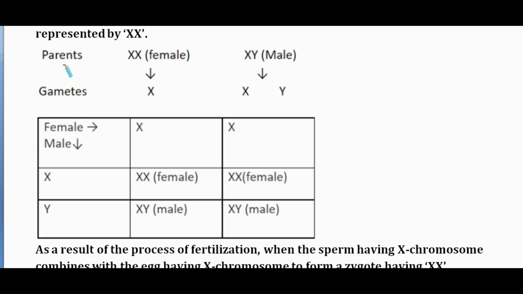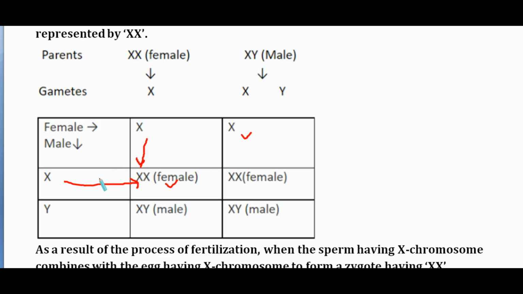Now, see, the parents: in female, the chromosomes are XX, and in male, the chromosomes are XY. Now, they form gametes. Female gametes are X, and male gametes are X or Y. Now, they combine: X from the female and X from the male, then we get XX, and it is a female child.